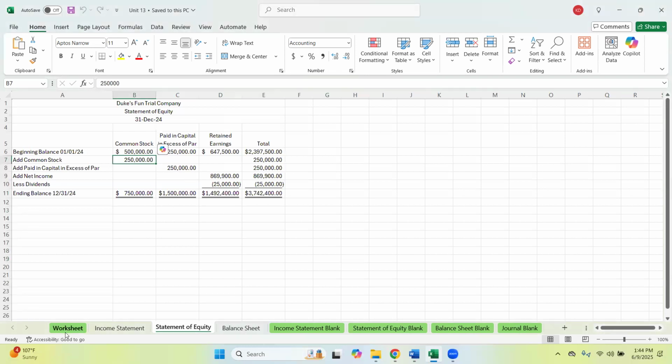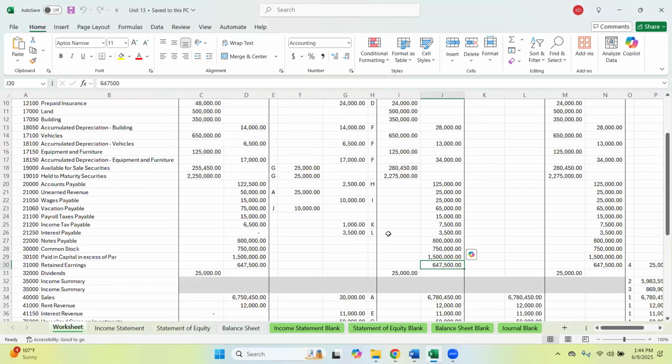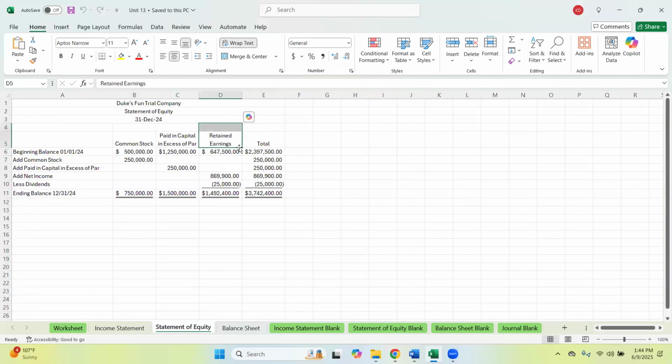When I come back to the worksheet and look right here, paid in capital says 1,500. When I look at my statement of equity, I see 1,250. So we obviously must have had a 250 increase in our paid in capital in excess of par. I'm going to take the income from that income statement.